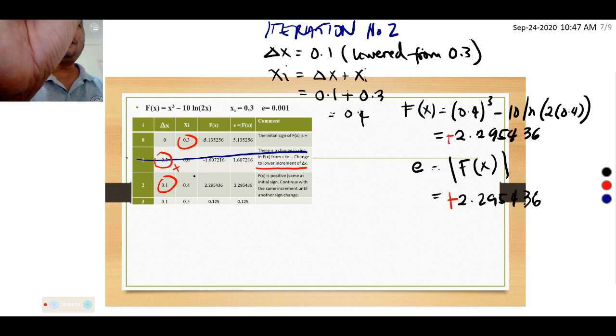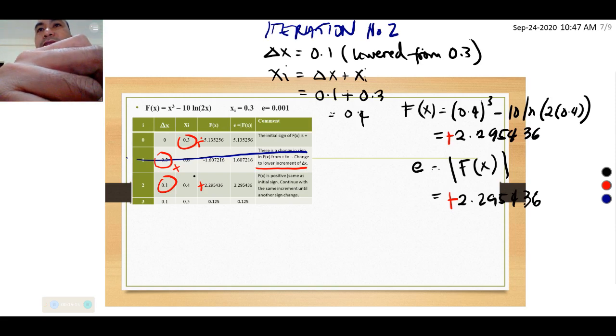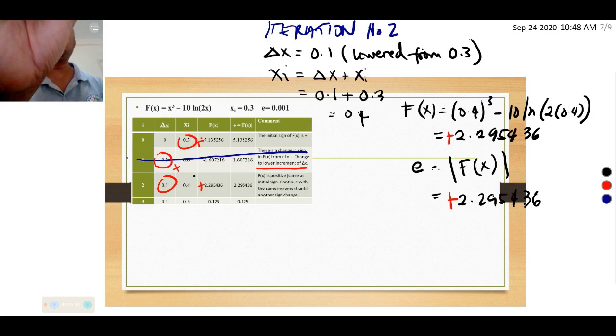So the initial value is positive, therefore we need to maintain that the value of the function here is positive. If the value of the initial f of x is negative, you have to maintain it to be negative. So okay, the answer here is positive, the initial is positive, so there will be no change.